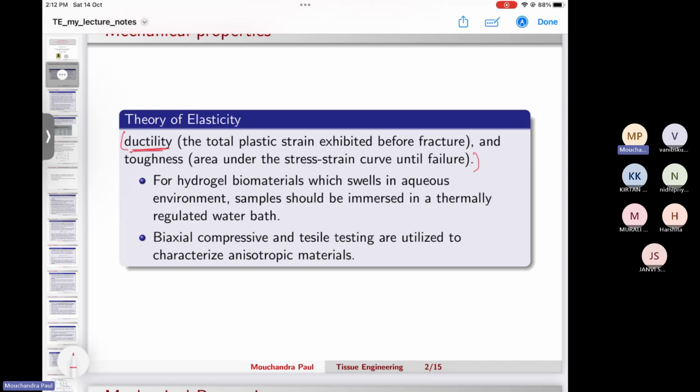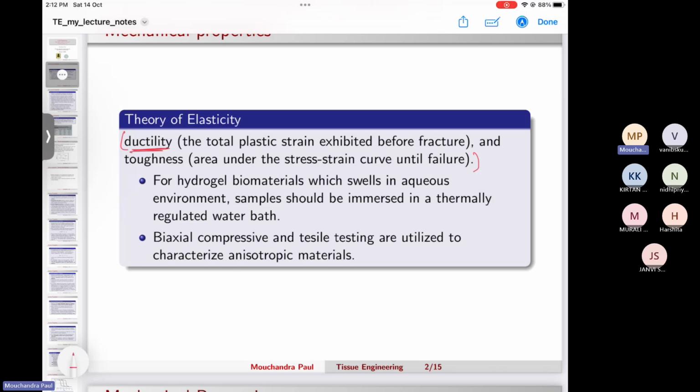This phenomenon is called plastic deformation. That's why metals are highly ductile, because they can undergo very large plastic deformation until they fracture, meaning they break. This kind of characteristic is not seen in ceramics.